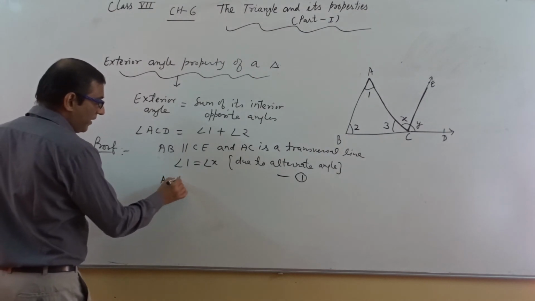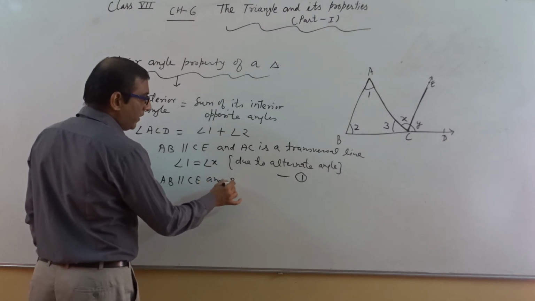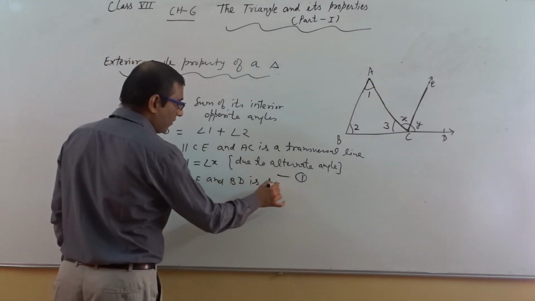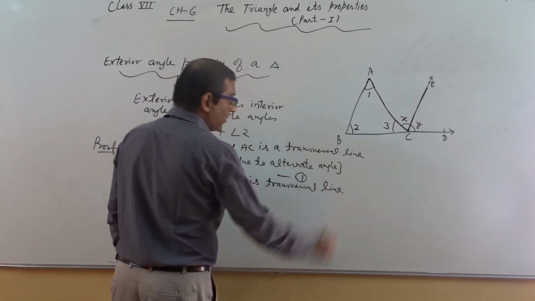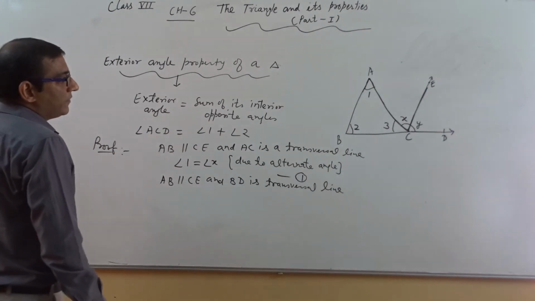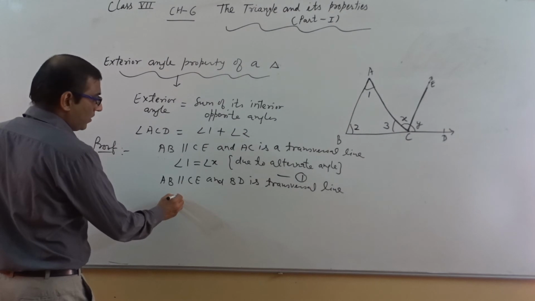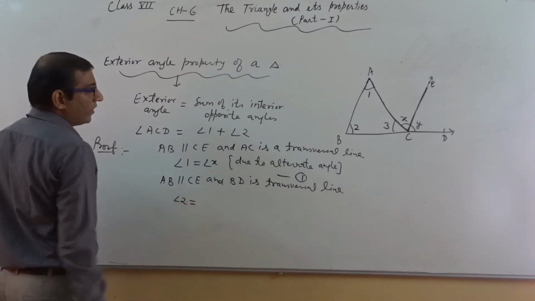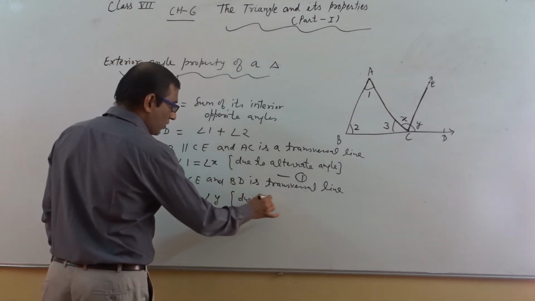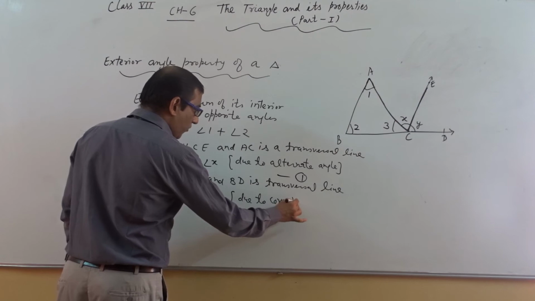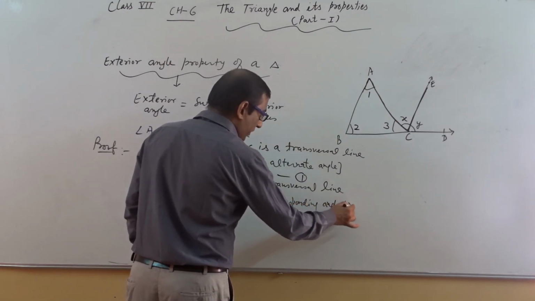Again, AB is parallel to CE and BD is a transversal line. Then we can say angle 2 is equivalent to angle Y due to corresponding angle property.